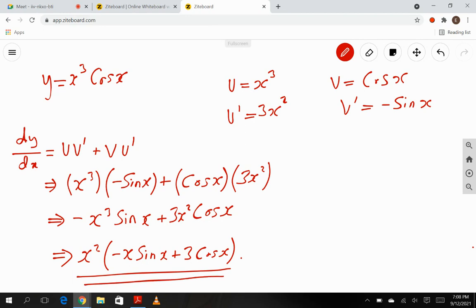Yeah. So that's how you'd answer that, right? So remember here we've used the product rule, huh? So let's now look at another question.